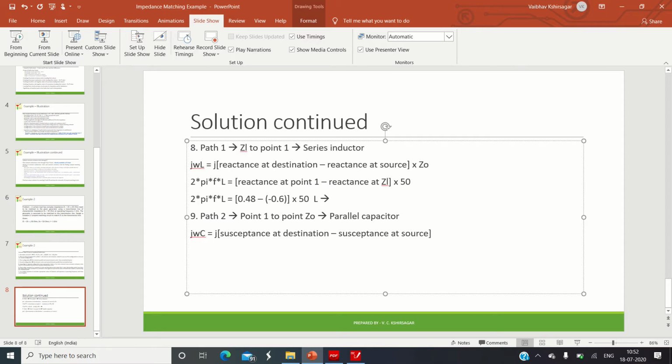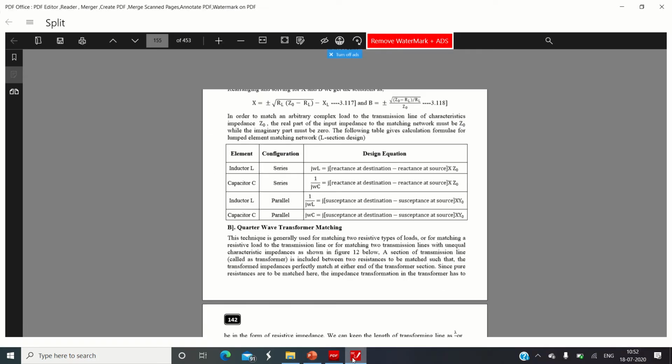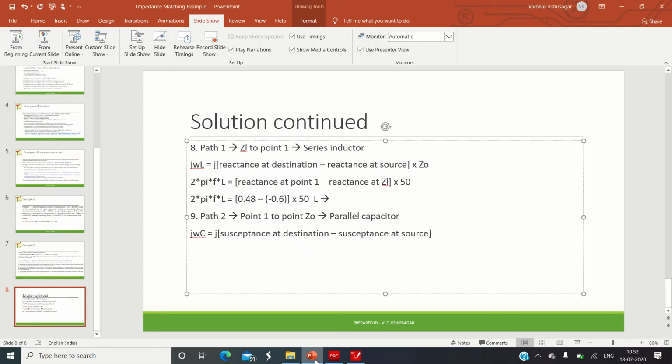Since we are dealing with susceptances, we need to multiply by z0 reciprocal, so multiplied by y0. y0 is nothing but 1 by z0. Then on the right hand side, the j terms will get cancelled, and omega I will write as 2 pi f, multiplied by c is equal to susceptance.